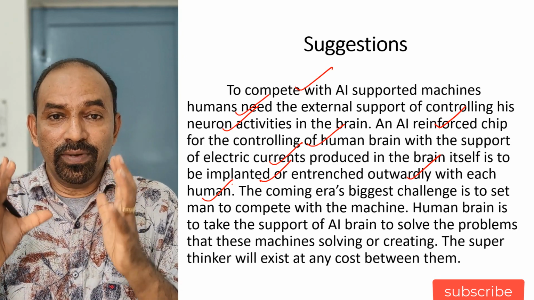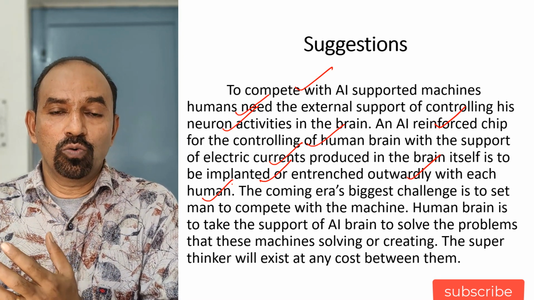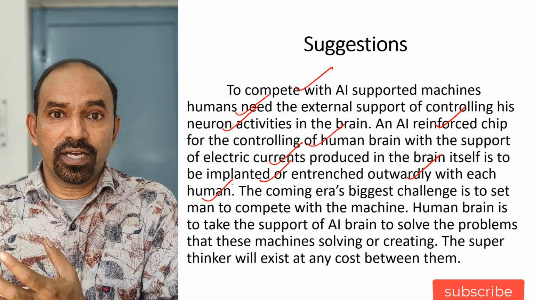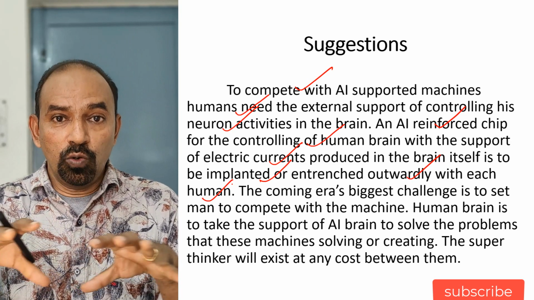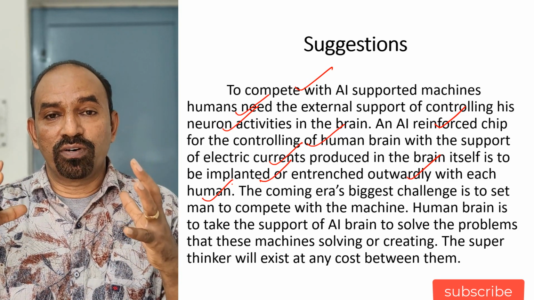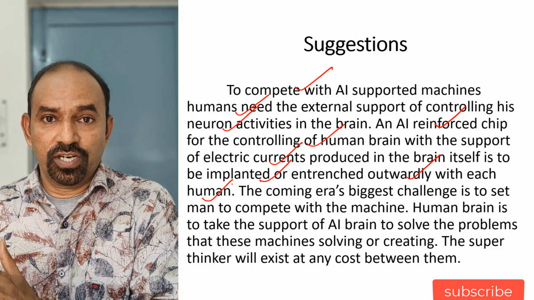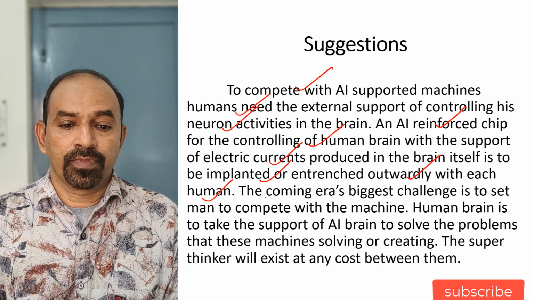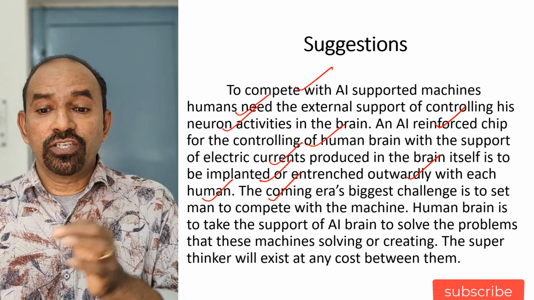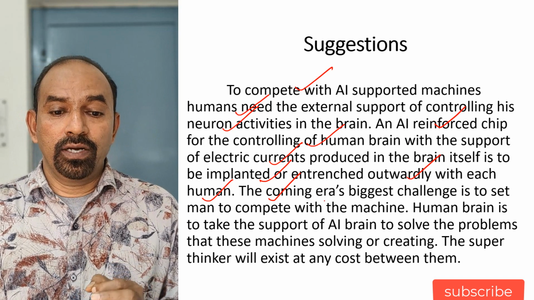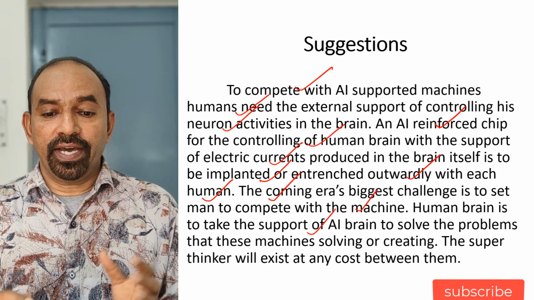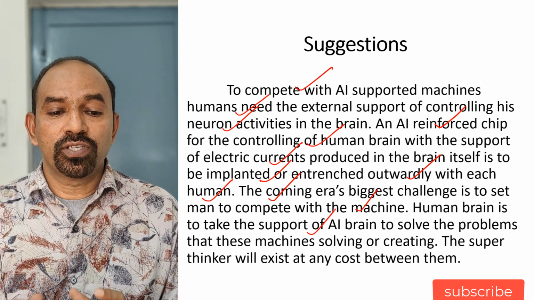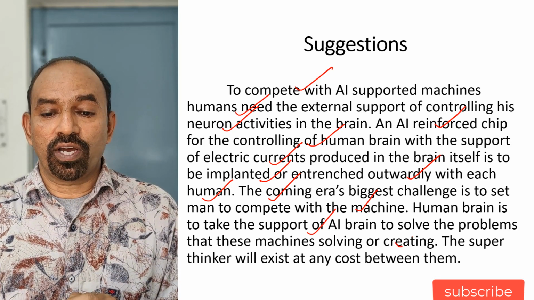How does a machine come to such a conclusion? To understand that, we should also get that process of neural work in our head from external or internal support. The coming era's biggest challenge is to set man to compete with the machine. The human brain is to take support of the AI brain to solve the problems that these machines are solving or creating.